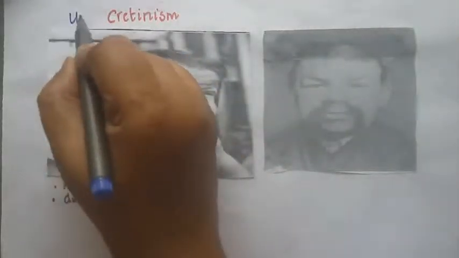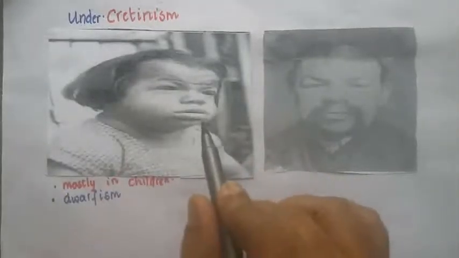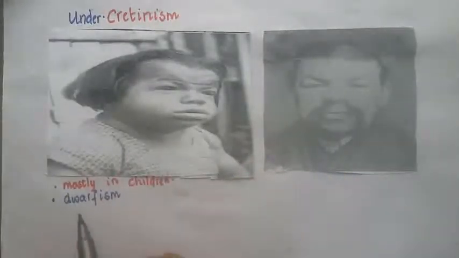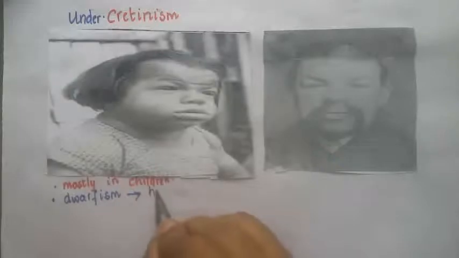Now, since there is an under secretion of thyroxine, the ossification of bones is affected, and the general growth of the body is affected, due to which the child starts suffering from a condition known as dwarfism. In this condition, it affects the height of the person.